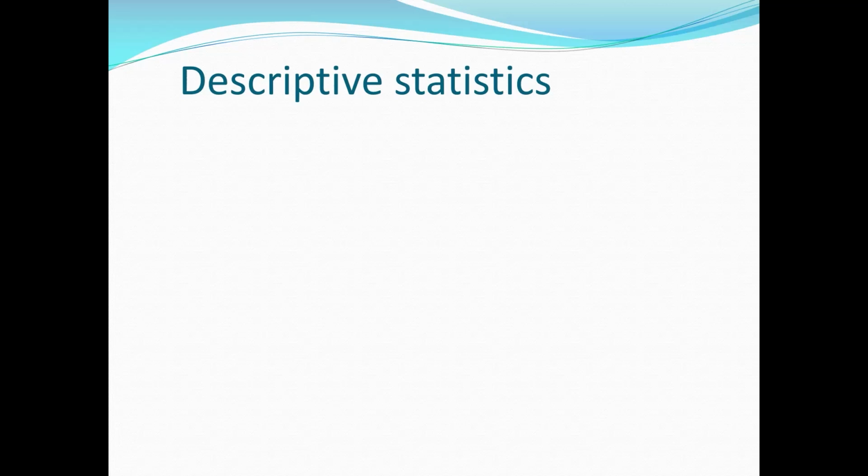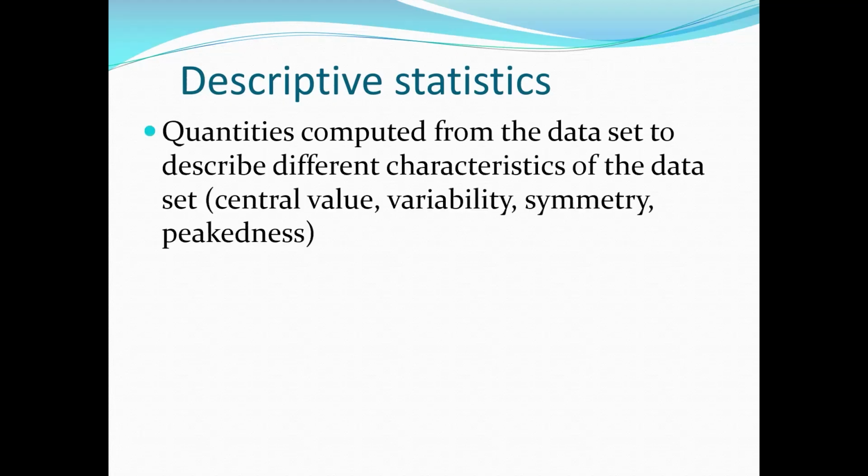Is it low? Is it good? Is it average? And is it dispersed? Or are all the students having the same academic status? So many things we have to understand. So for that, we have to understand the features of the data, the distribution of the data, and we can calculate some statistical measures to understand the features of the data. That is called descriptive statistics.